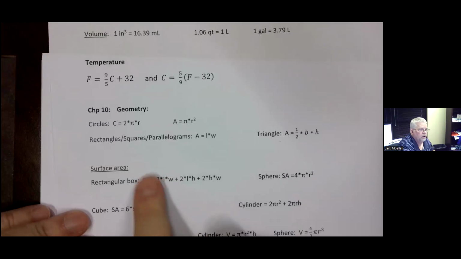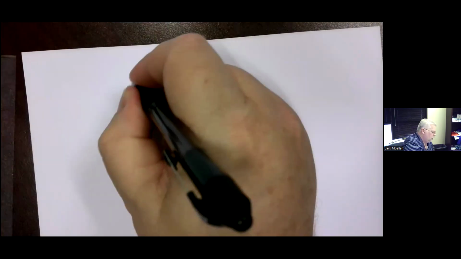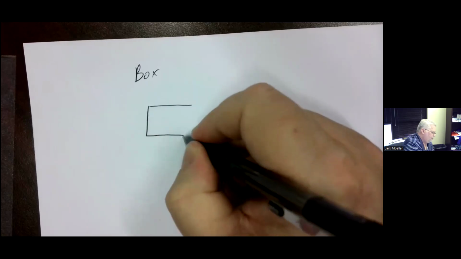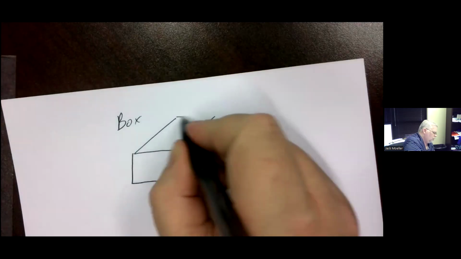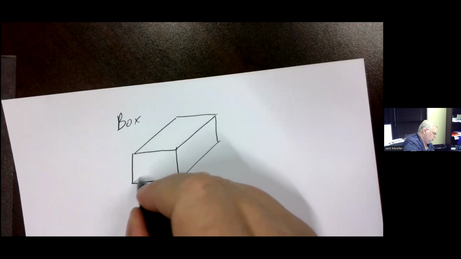So let's start with the box. Why is the formula for the surface area of a rectangular box 2 times length times width plus 2 times length times height plus 2 times height times width? So let's look at a rectangular box. Trying to be brave and draw this in pen.